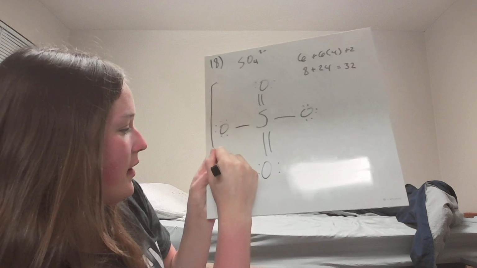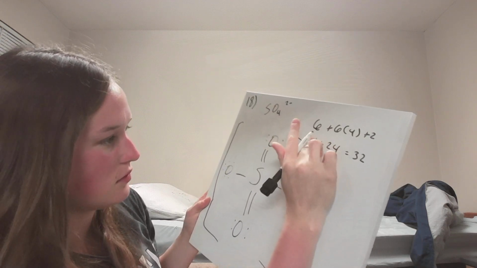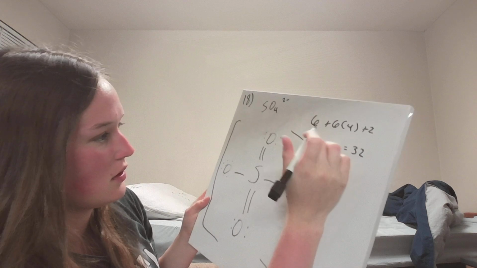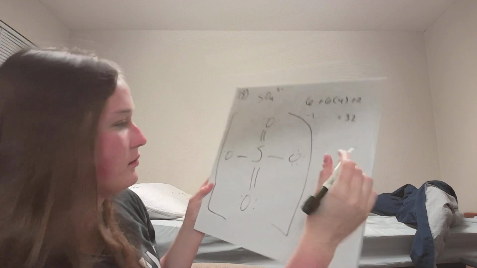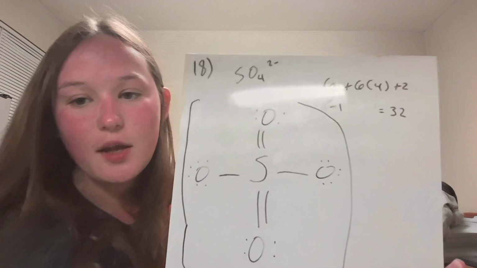And that's how we get the, oh, I kind of wrote this kind of big. Shoot. I guess we're going to have to write the other one small over here. Anyway, that's how we get this. So now we can make 3 other resonance structures with this.